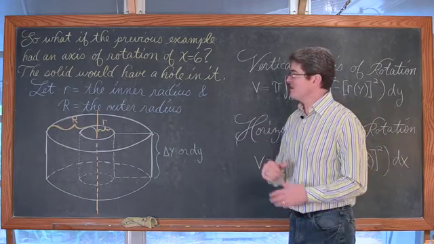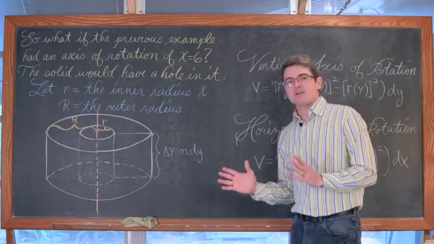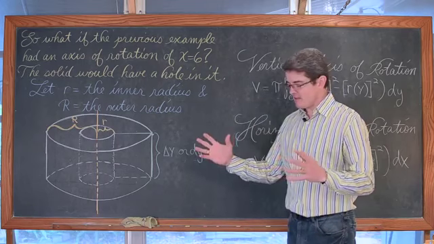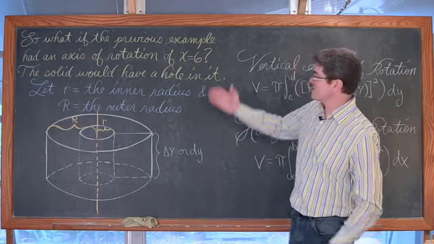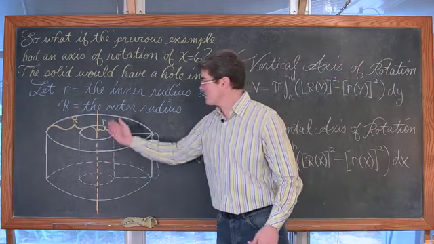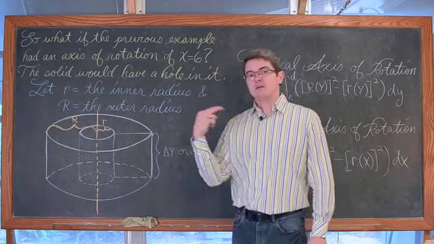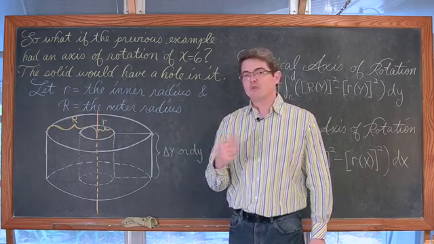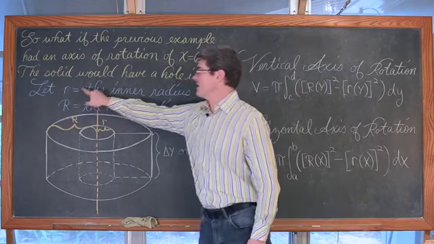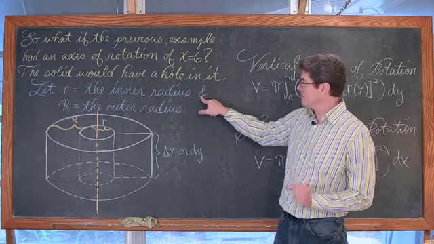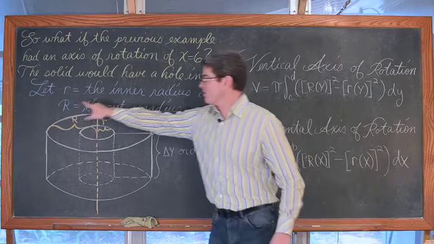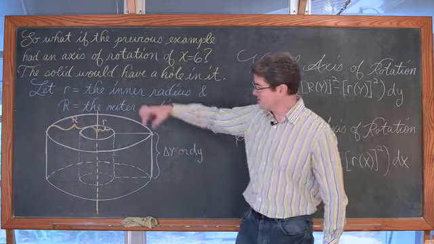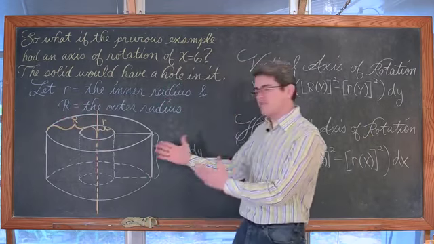So, as we can see in our notes here, if you get your diagram drawn and look at the bound region and the axis of rotation, and you notice there's going to be a hole in that volume of revolution, then we're going to let lowercase r represent the inner radius and capital R represent the outer radius. I have this drawing set up.